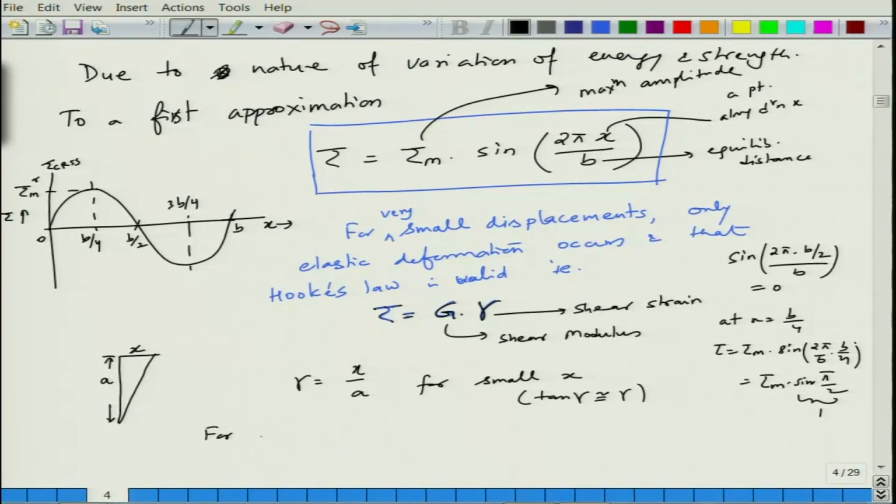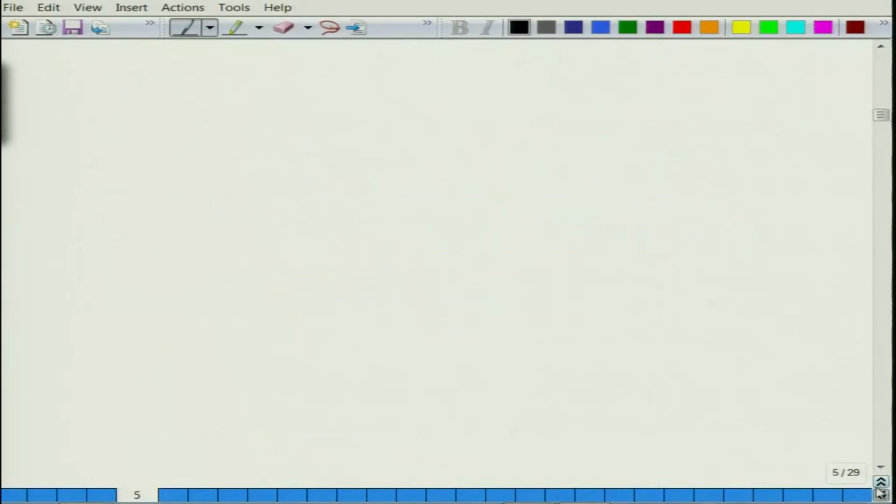Similarly, for very small values of x by b, we can write sine of 2 pi x by b as 2 pi x by b. If we make all these approximations and plug in, tau will become equal to tau m into 2 pi x divided by b.